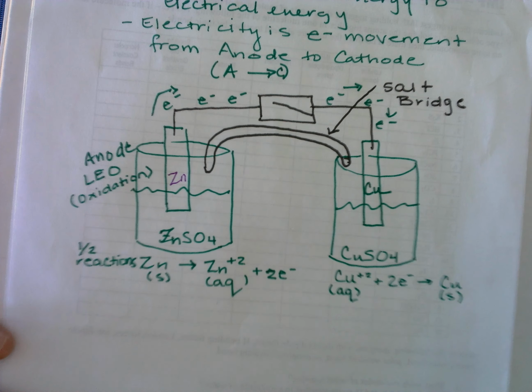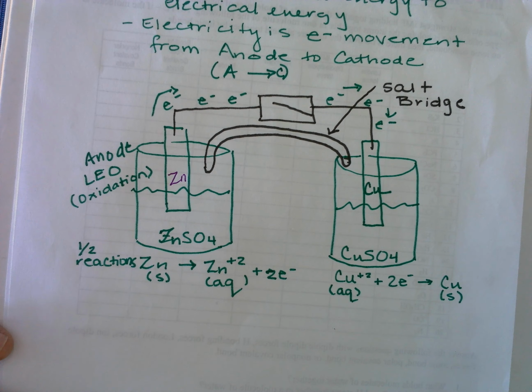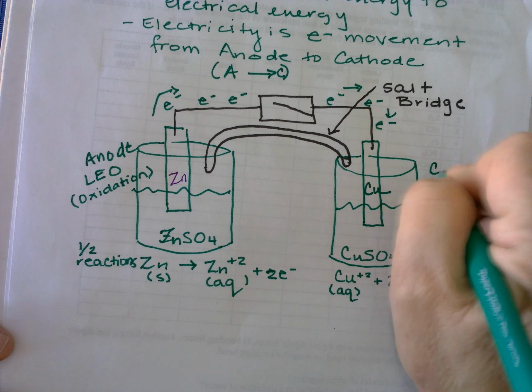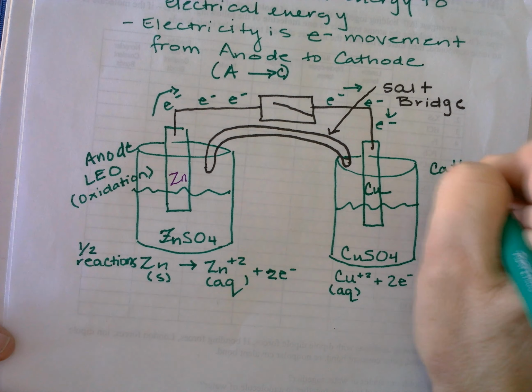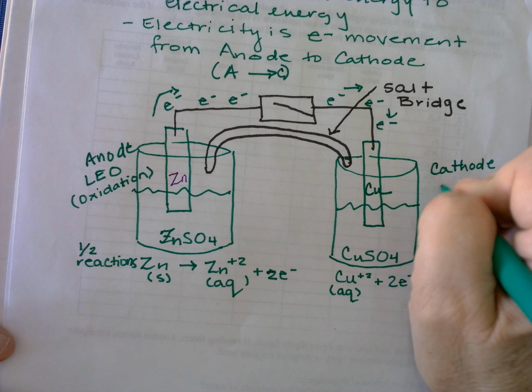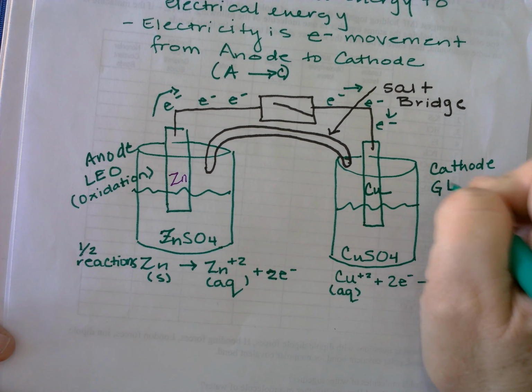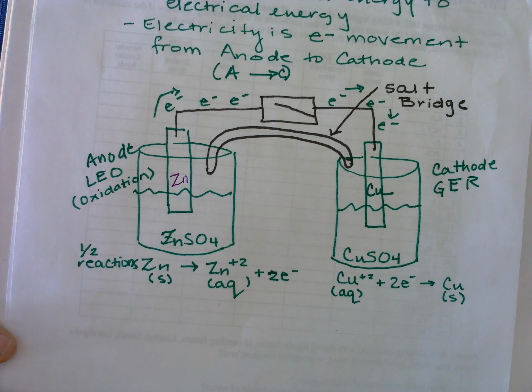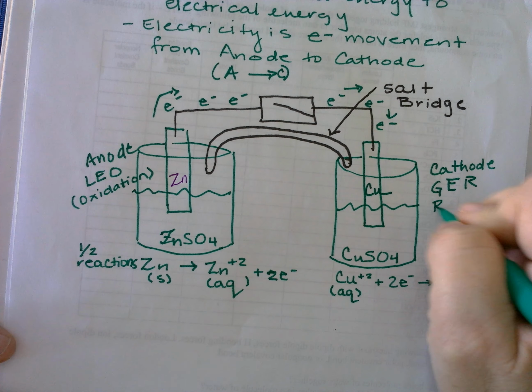And through the load, they enter the cathode and reduce the cation. So this is gaining electrons, so they are reduced.